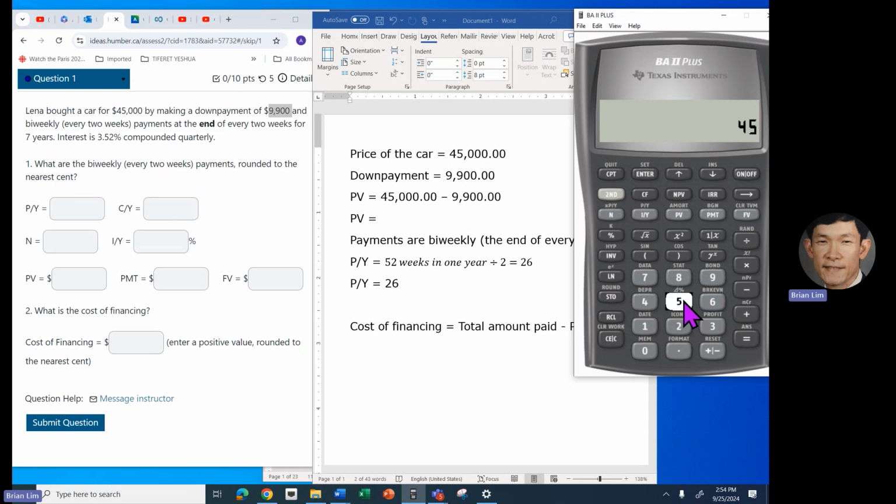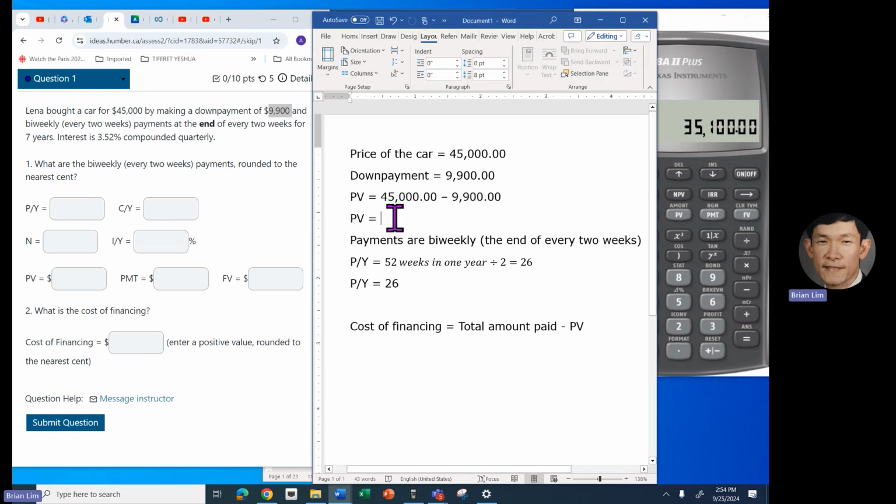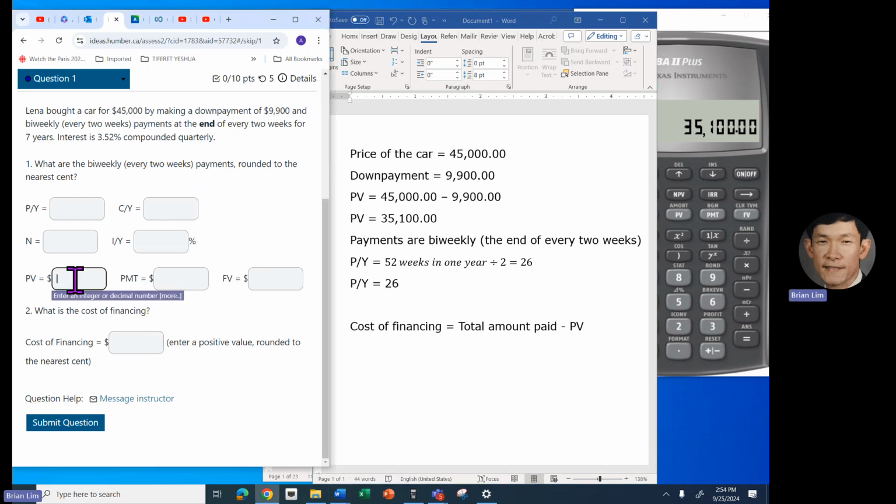So we go 45,000 minus 9900. And that gives us the amount owing, $35,100. So that will be the present value, which we can insert right here: 35100, and we can put in decimal 00.